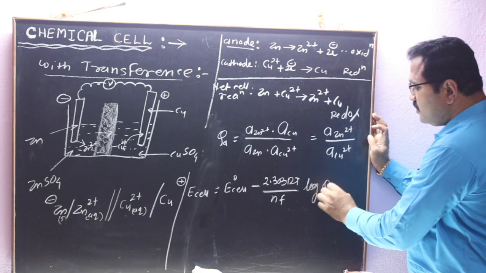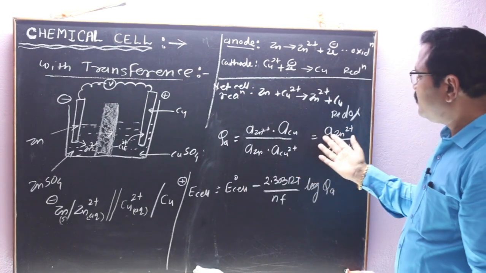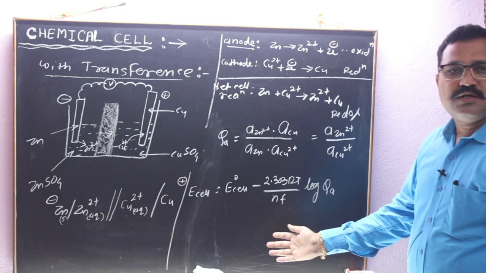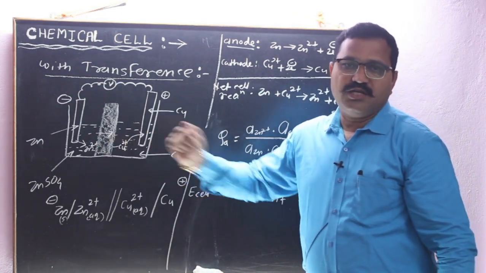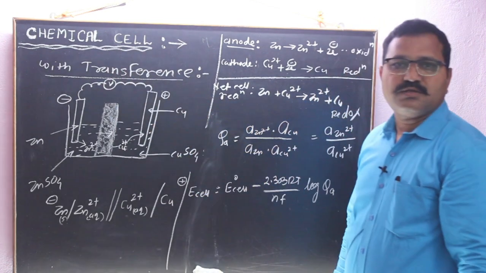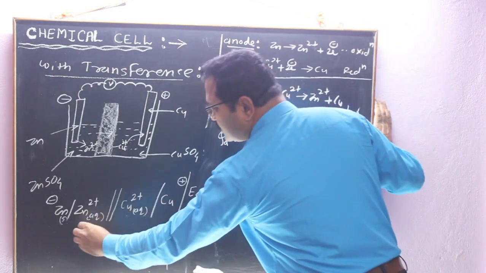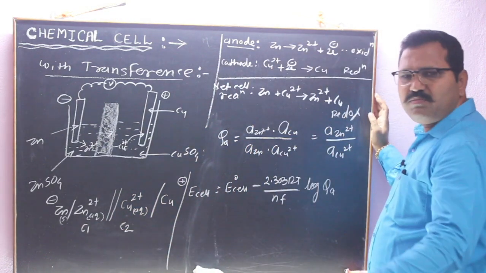Log of QA. Now put the values of QA, and you will get the required equation for EMF of this particular Daniell cell or chemical cell with transference. Suppose the concentration or activity of Zn2+ is C1 and that of Cu2+ is C2, whatever may be.